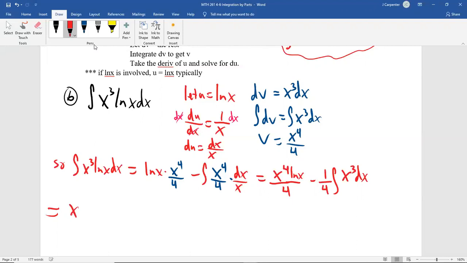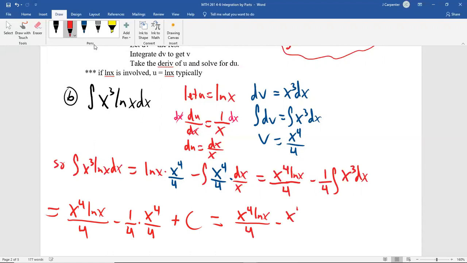All right, so x to the 4th, natural log of x all over 4, minus, here's our 1/4. Integrating x cubed gives us x to the 4th over 4. That's times. And then we integrated, so here's our plus c. 4 times 4 is 16. So this would be x to the 4th, natural log of x over 4, minus x to the 4th over 16 plus c.